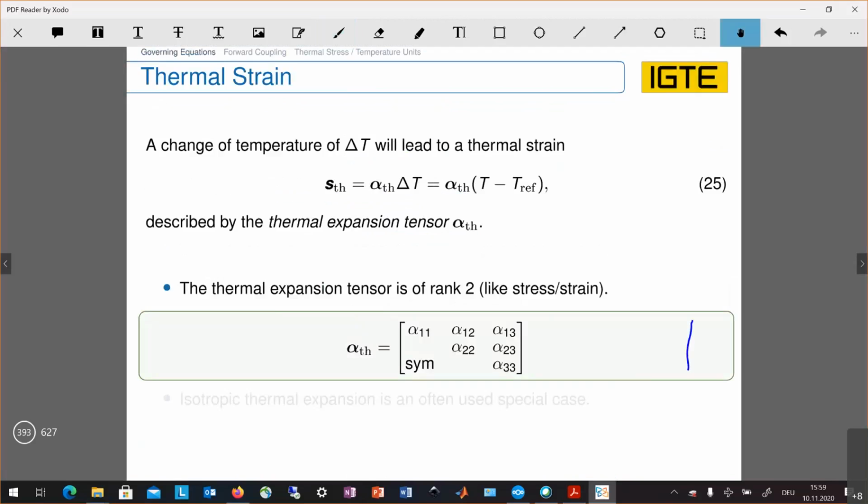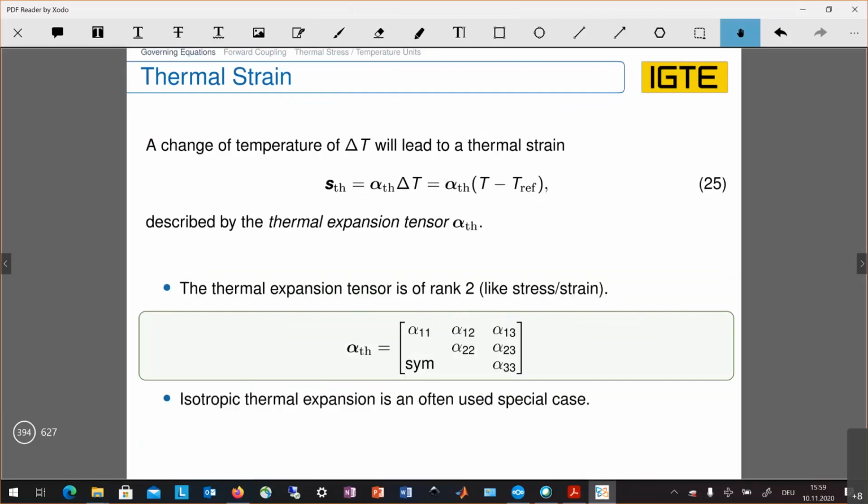However, for most cases, we can set these coefficients to 0, and even if the thermal expansion is different in the different directions, it just gets a diagonal matrix which scales the temperature difference to a reference temperature by these thermal expansion coefficients and getting then the thermal strains.